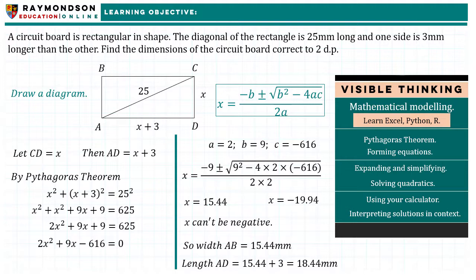You always check your answer. Always check your answer. I'm going to give you a chance to do that. You will put in your values for x and your values for x plus 3, in other words your lengths for AD and CD, and you'll see if you get 25. Then you can have confidence that what you've done is correct.